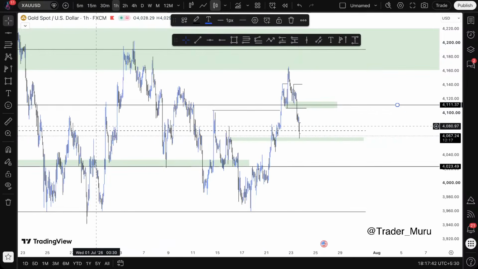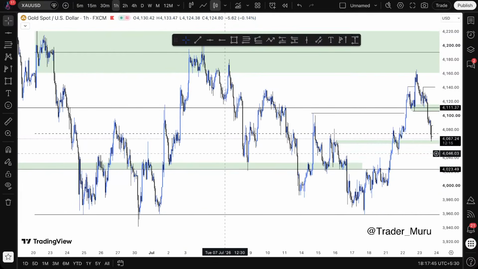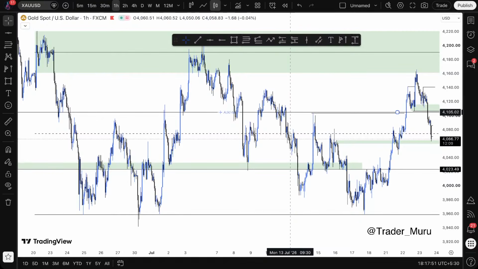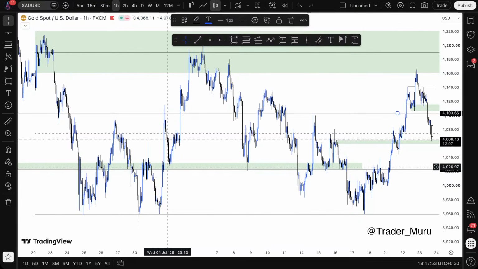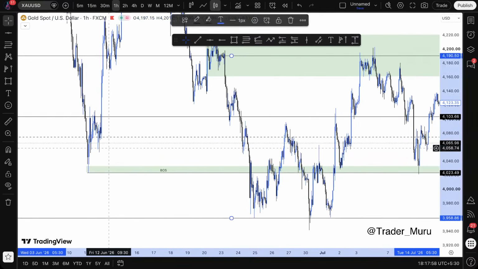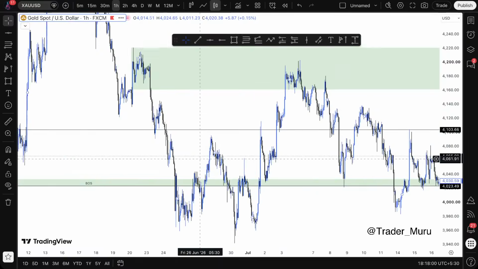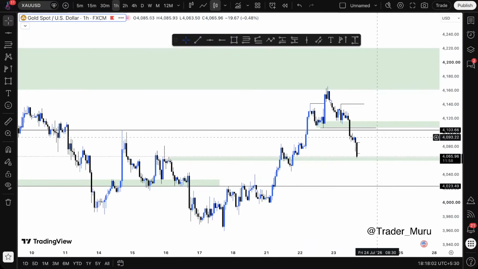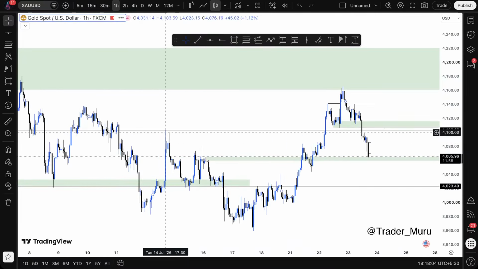Somewhere near here. This target has been done here, this target has been done here, target, target. So somewhere near our breaker block.